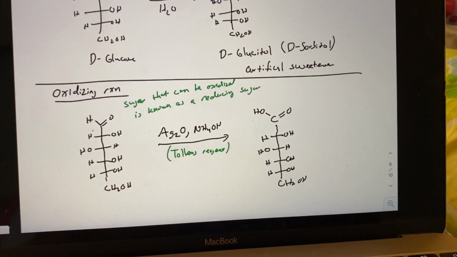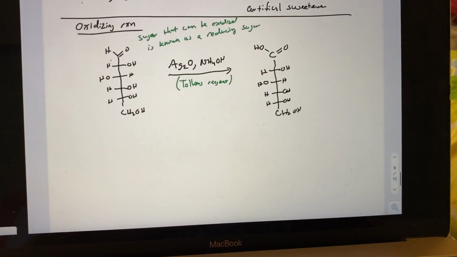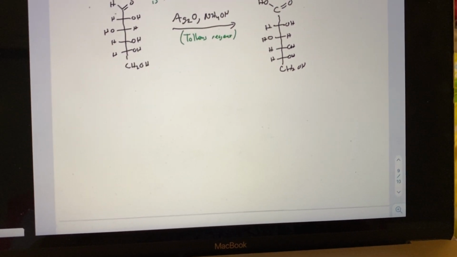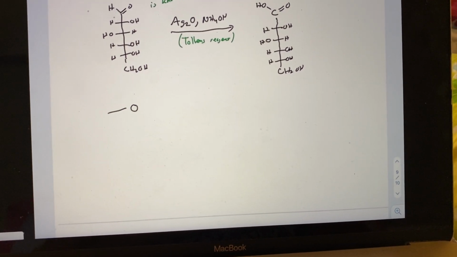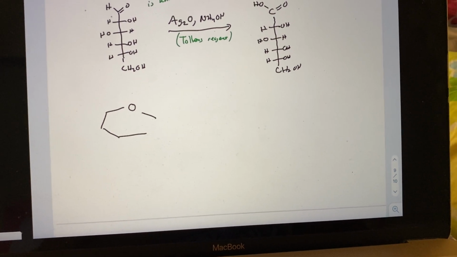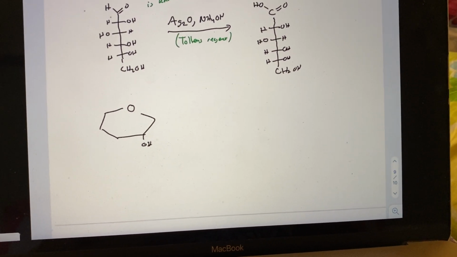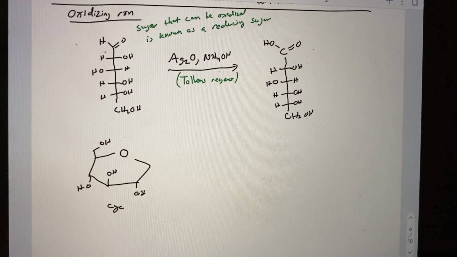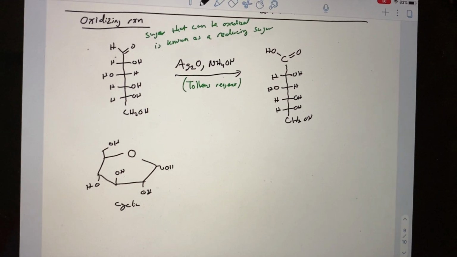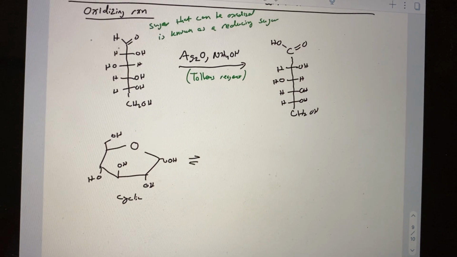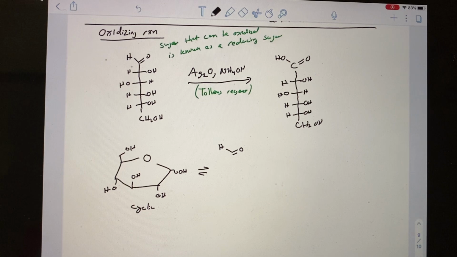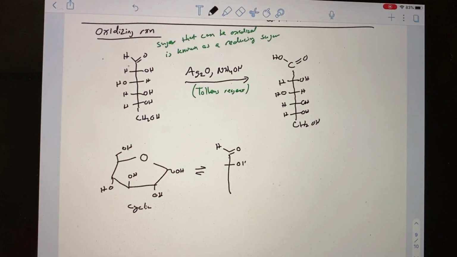And a reducing sugar is one that can be oxidized, which means it reduces something else. Because remember, if something is reducing, something else is getting oxidized. And where this actually comes into play, let's scroll this up a little bit. I'm just going to draw a Haworth structure. Our glucose, what you'll notice is that this is the cyclic form, squiggly line for this anomeric form. This is in equilibrium with this open chain form.